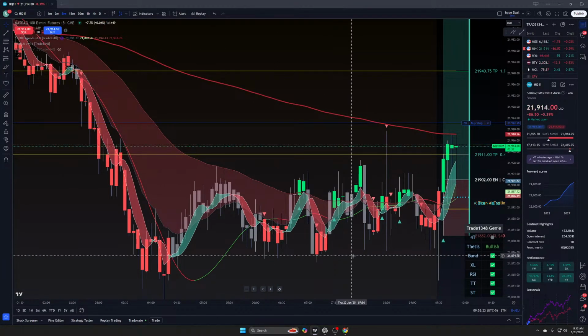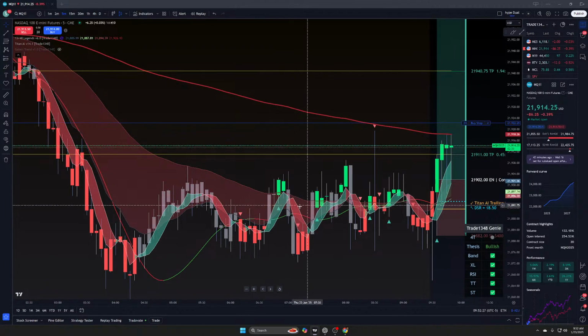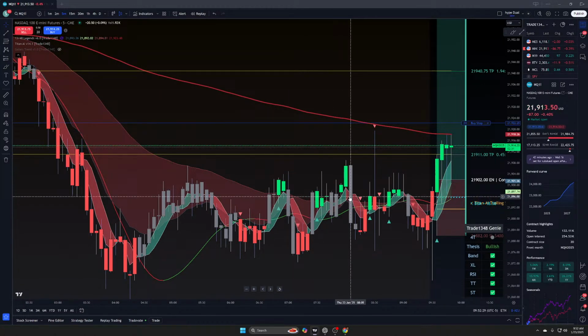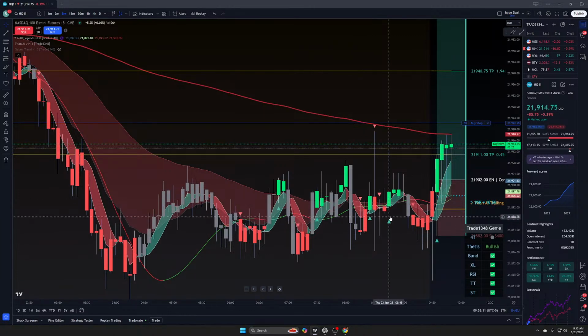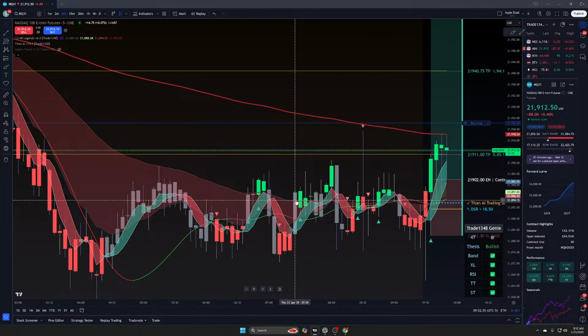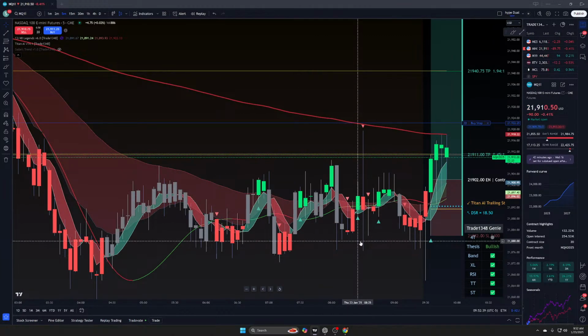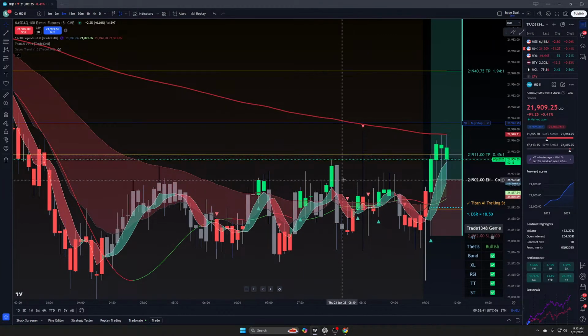So then in the evolution and teaching you guys how to trade safely, we said, hey, trade away from the EMAs. Wait for a break away from the 48. And what was happening here was people were front running the cross. You're front running the cross. So, well, damn, yeah, the system's not going to work that way if you're front running.